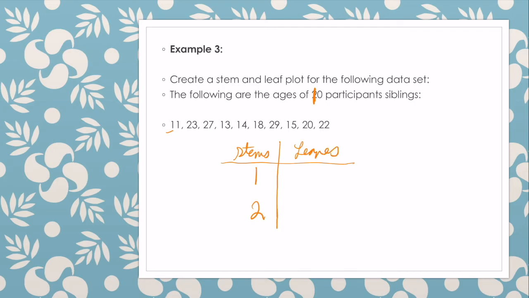And then we're going to have our leaves. So we want to put these numbers in numerical order. I've got to look at all of my ages with a 1 as the first digit. So I'm going to have 1, 3, 4, 5, 8.